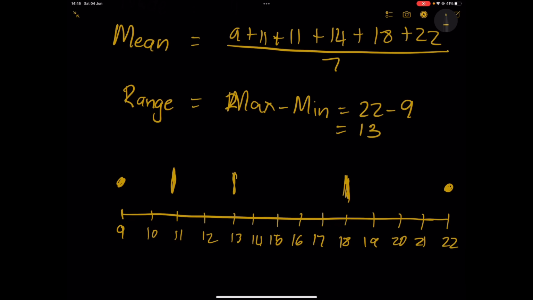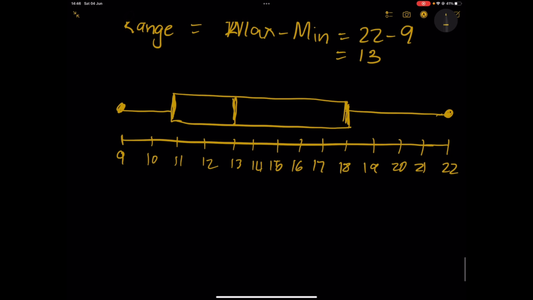So there it is. That's our box, and of course you can extend it to the whiskers over there. In this case, that would be your box and whisker plot. So that would be your Q1, your Q3, your Q2, your minimum value, and your maximum value.